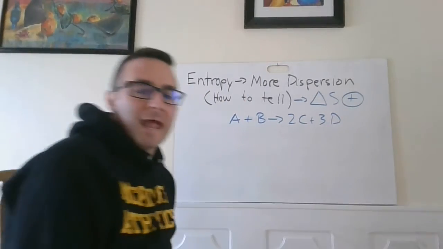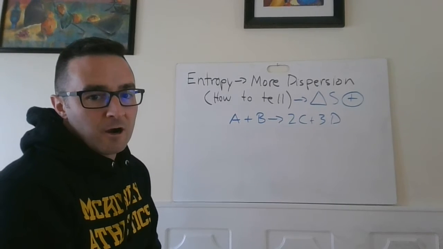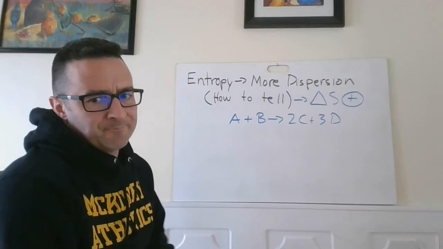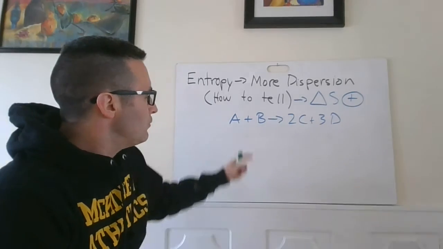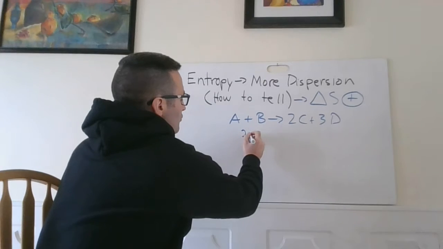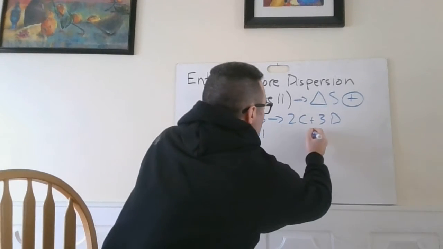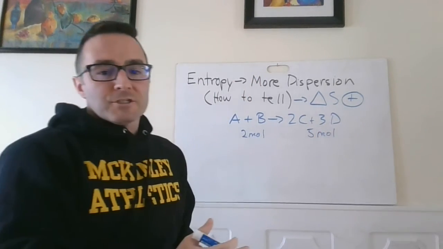You look at this reaction here, and we don't know what C and D are, we don't know what A and B are, we don't even really know what phase they're in. It almost doesn't matter. You've got 2 moles of particles on your reactant side, and you've got 5 moles on the products.